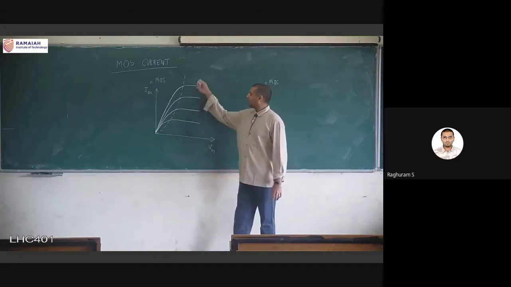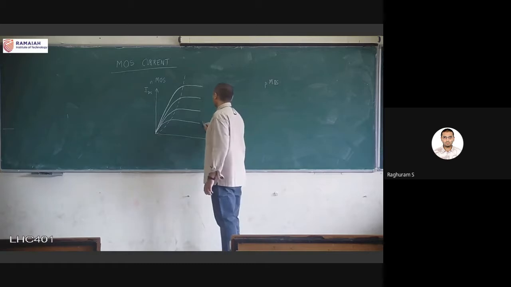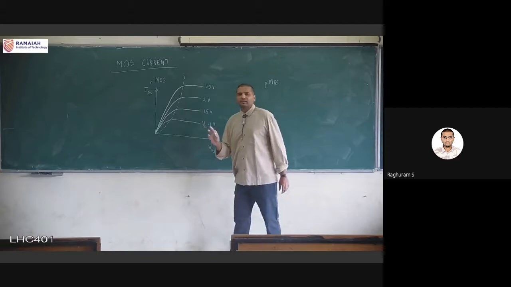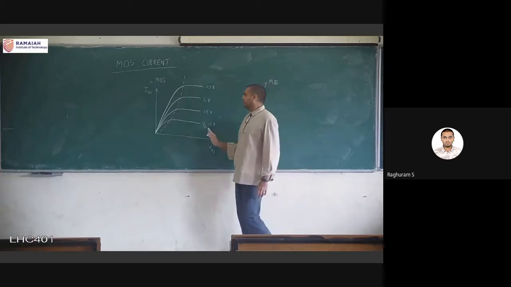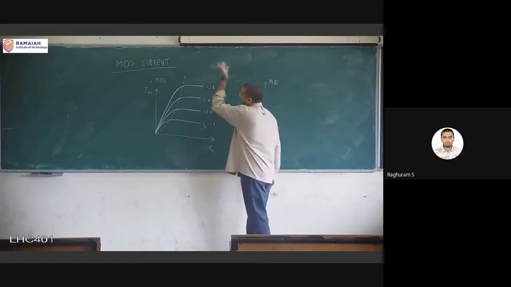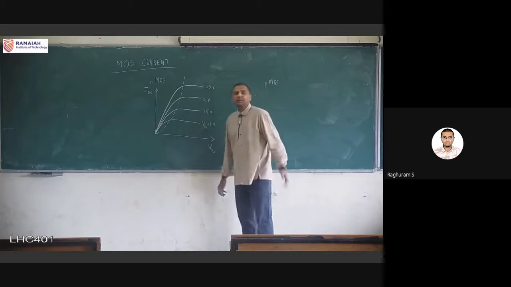What is changing in each of these is VG. For example, I'm just writing some numbers, but what is changing is the gate voltage, and the gate voltage is continuously increasing.